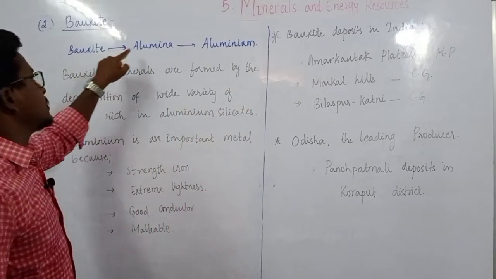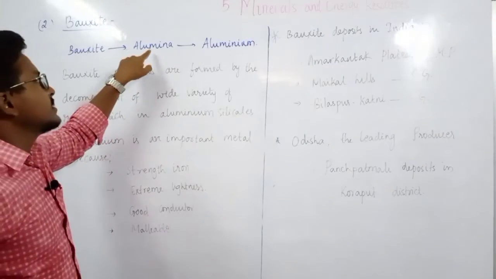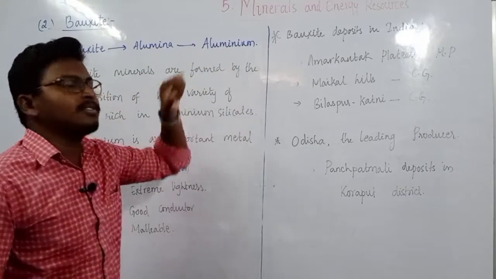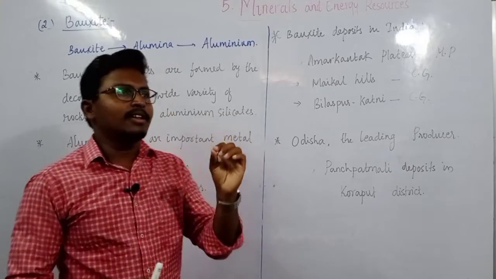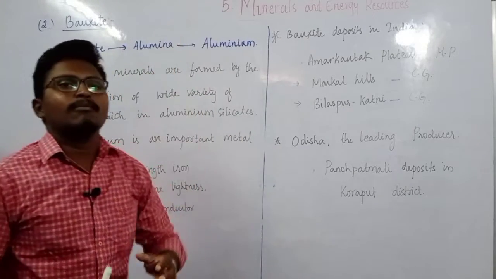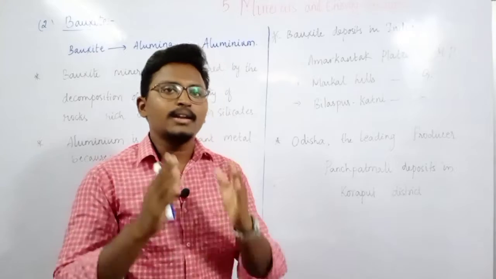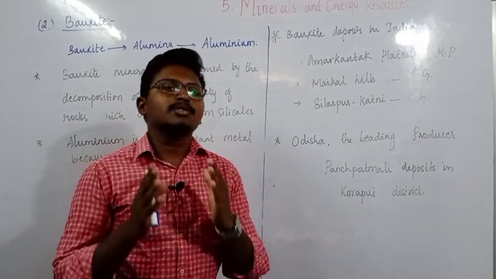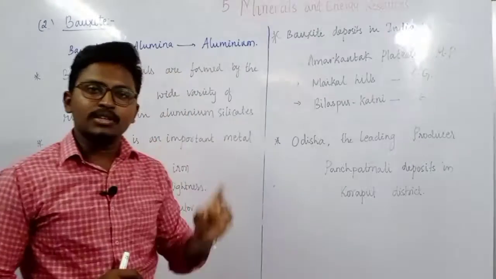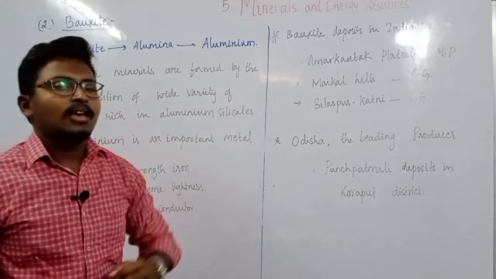Basically bauxite is turned into alumina, then this alumina is changed into aluminium. There are several other ores from which we can extract aluminium, but the reason we use bauxite is that it has a higher concentration of aluminium. So that is why we use bauxite to extract aluminium.